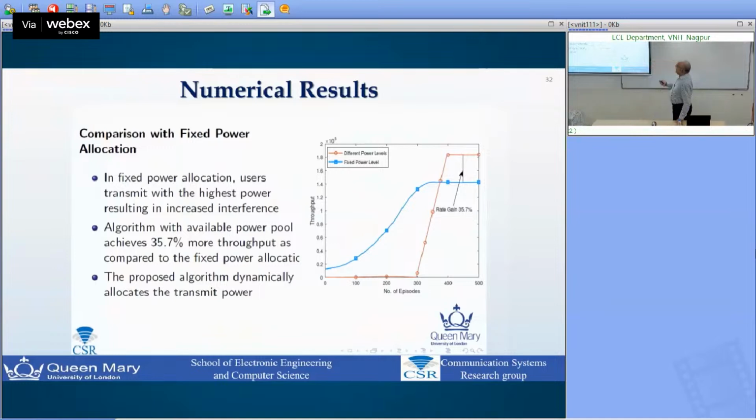If it is dynamic, according to the environment it can reduce the power, so the interference can be reduced. If it is fixed, you cannot reduce it. If you don't change the power level, we will get lower throughput. That's why we show that only the channel is selected, not the power. The yellow one selects both: the power level and the channel are both changing.